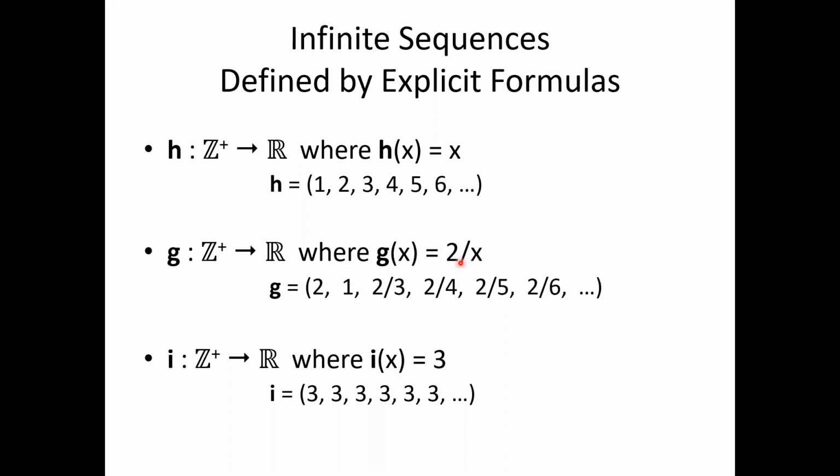So 2 over 2 is 1, hence 1 is the value. And the consecutive values are 2 over the index. So the third element is 2 over 3, the fourth is 2 over 4, the fifth is 2 over 5, etc. They're all reals. In fact, they are rationals. But they're members of this domain.